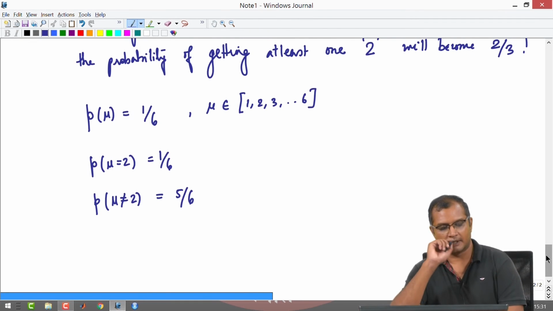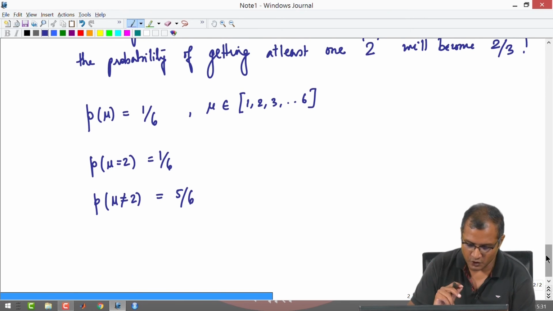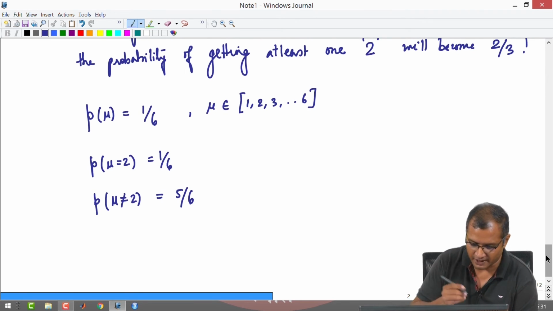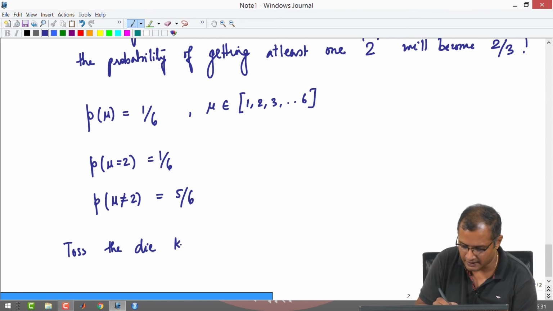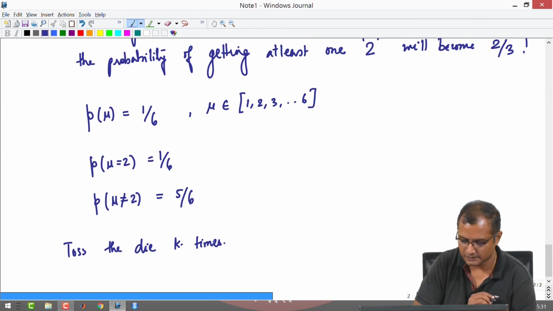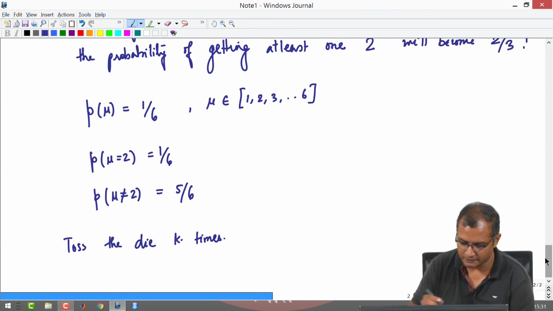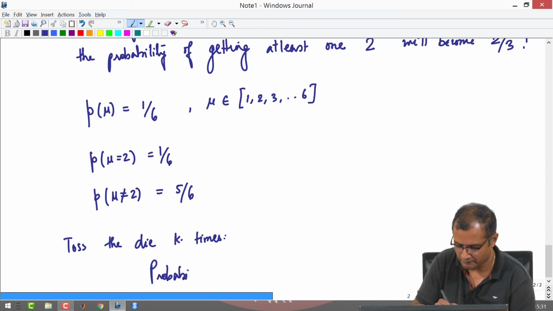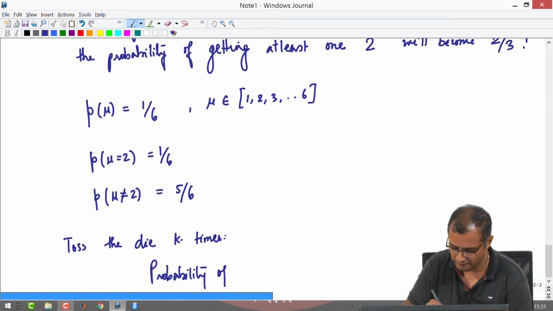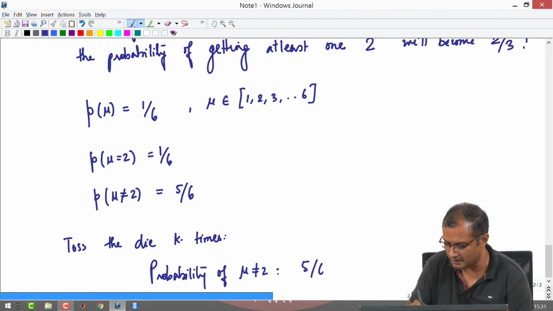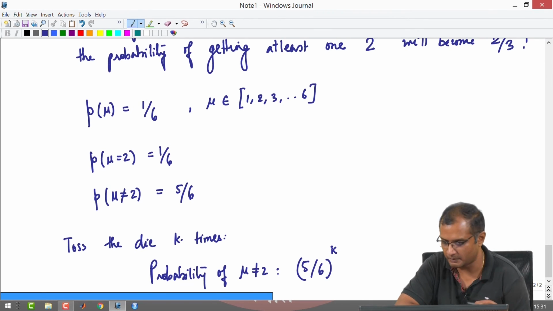Now, this is saying that if I toss it k times, suppose I toss the die k times, the probability of not getting a 2 would just be 5/6 to the power k, okay, because each toss is independent of the previous toss.